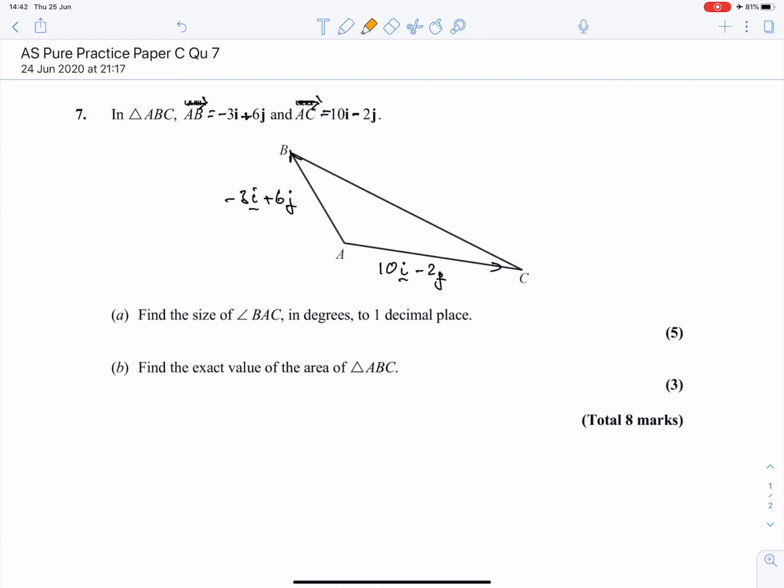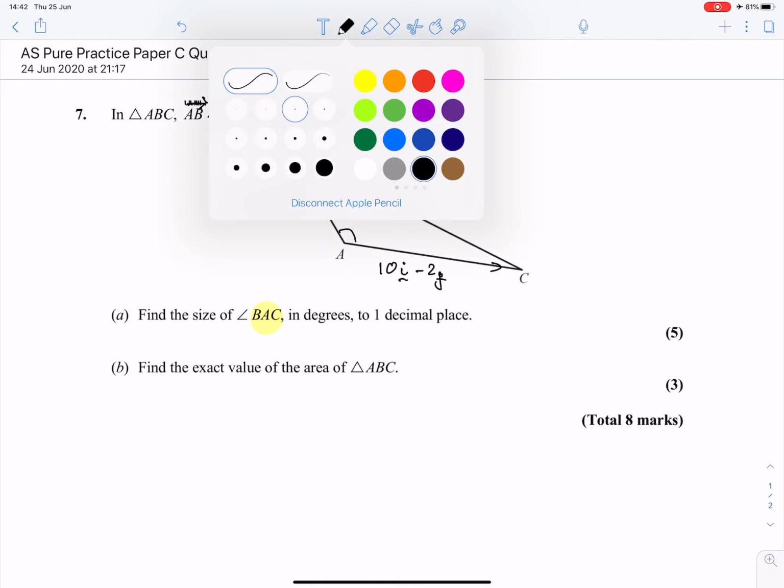If you've got to find the angle BAC, that is the angle at A. It's the corner at A here, so it's that one that we need. Now to find the angle in a triangle, you need to know the length of all three sides.